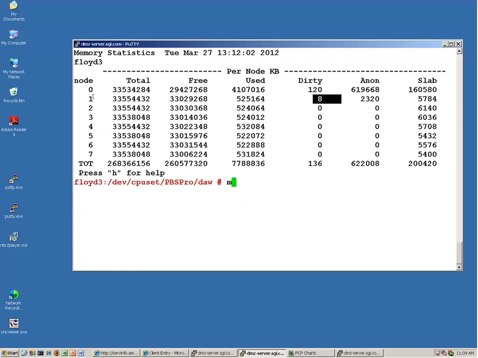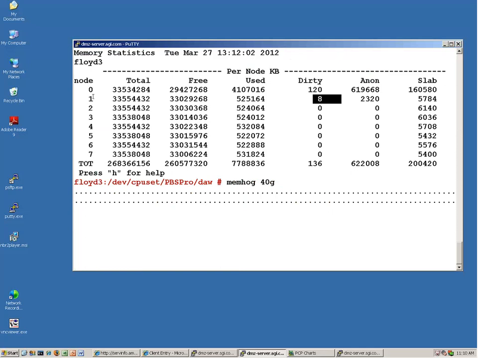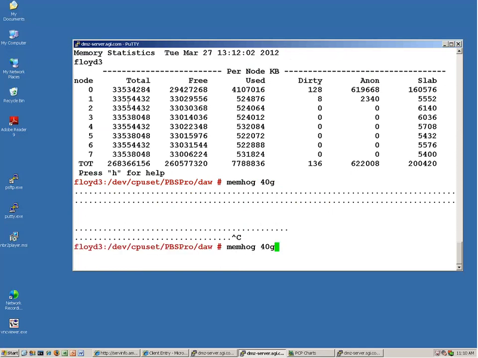So let me try a memhog 40 gig. I don't think this will work. Oh, it's working. Now, let me just break out a second. Let me put it in the background here. I'm actually going to fire up a couple of them here.